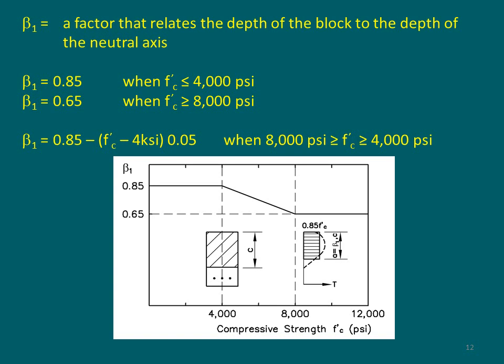On the y-axis, you have the beta 1 value. For 4000 and below, your beta 1 equals 0.85. For 8000 and higher, your beta 1 is equal to 0.65. It is allowed to interpolate between the two values, which means for each additional 1000 psi increase, you're going to have a drop in beta 1 of 0.05.